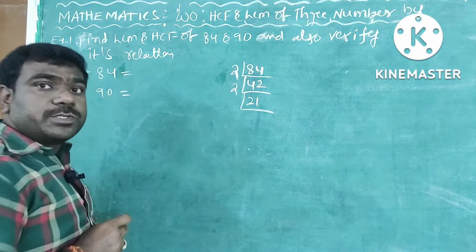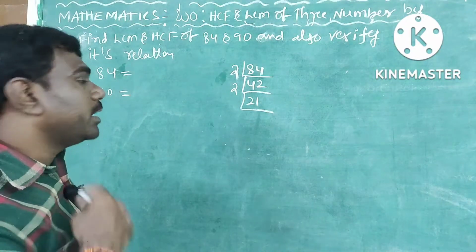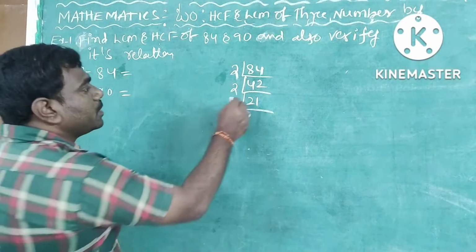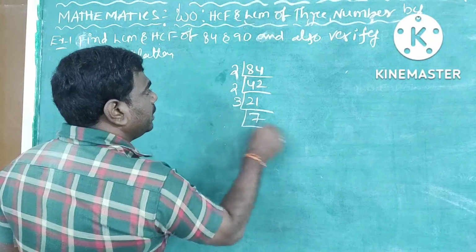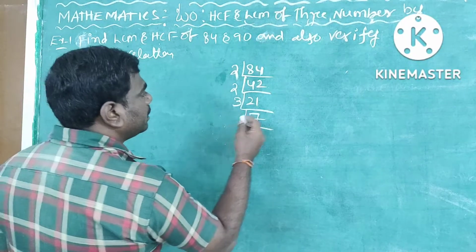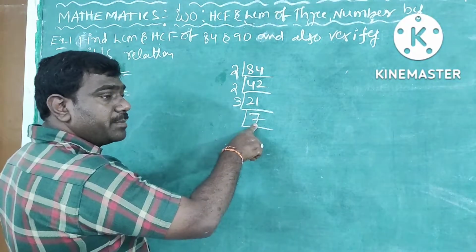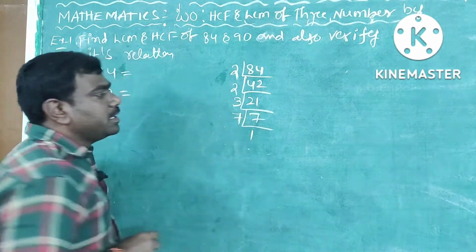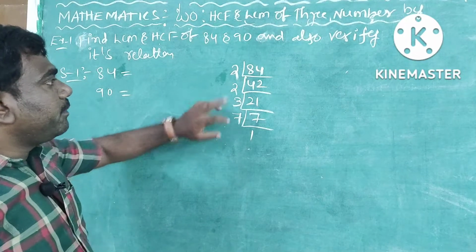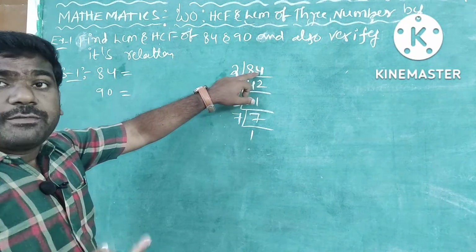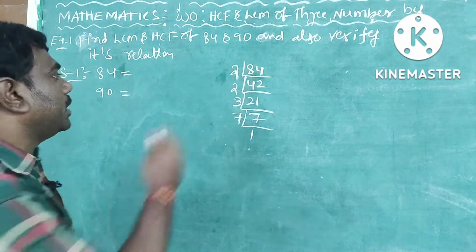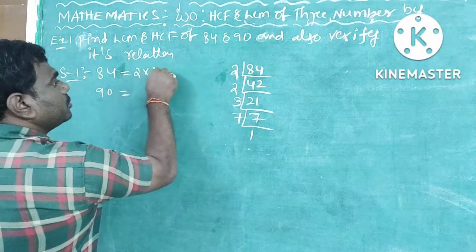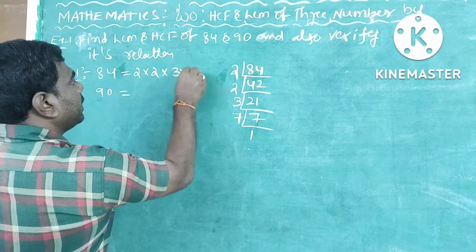Is 21 divisible by 2? No. Take the next prime number, that is 3. So 3 7s are 21. Next, 7 is a prime number, it is divisible by itself, so I take 7 directly: 7 1s are 7. Now the prime factorization of 84 is 2 into 2 into 3 into 7.